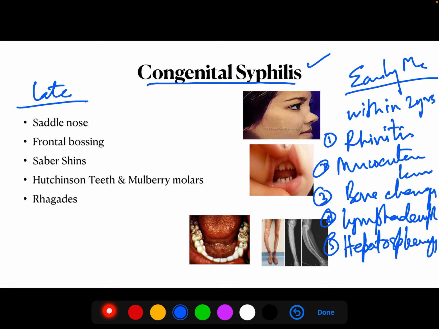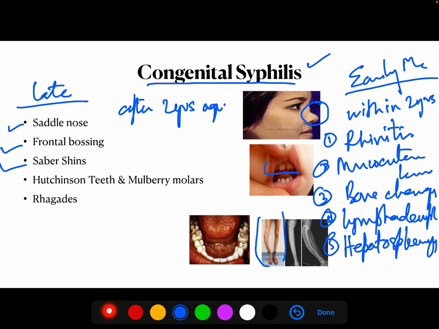And the late congenital syphilis manifestations occur after 2 years of age, and the patient presents features such as saddle nose, which is due to the destruction of the nasal cartilage, frontal bossing, which is due to the projection of the frontal bone, saber shins, where you can see the projecting bones, and also Hutchinson's teeth.